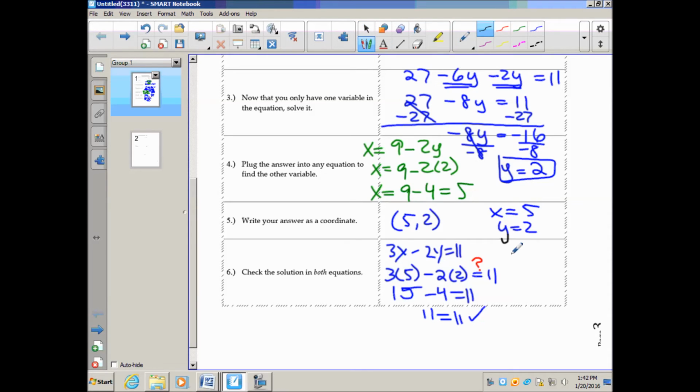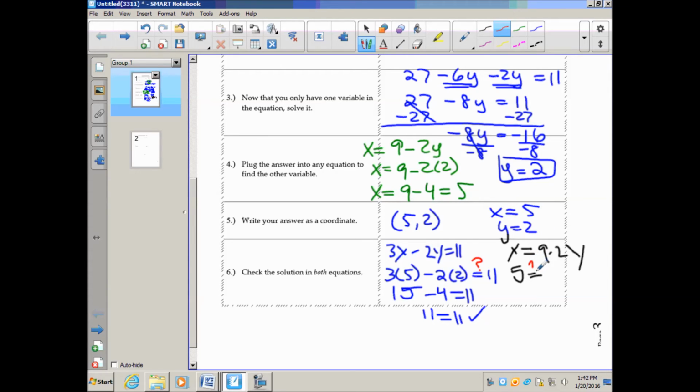Now I'm going to try it in the other equation. So I'm going to write here x equals 9 minus 2y. And I'm going to substitute in 5 in place of x and 2 in place of y to see if it works. So 5 equals, and again, this is a question mark because I'm not sure if it equals.